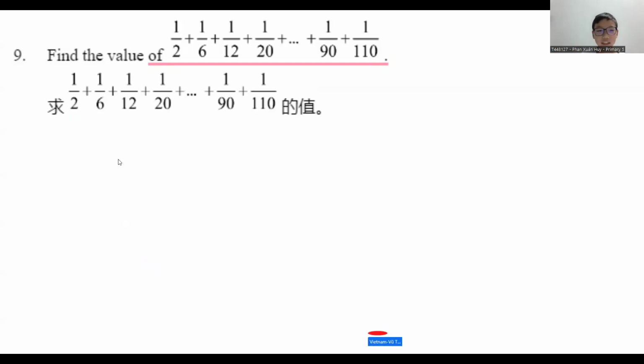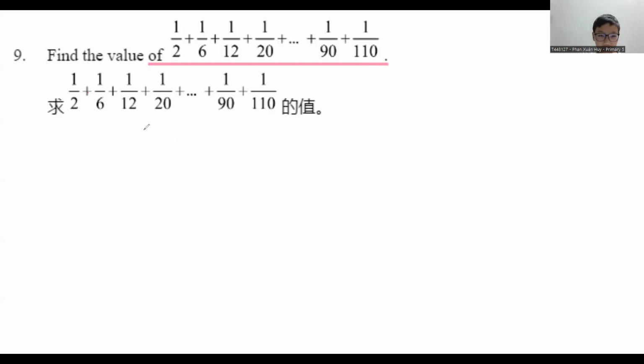I take 1/2 plus 1/6 plus 1/12 plus 1/20 plus 1/90 plus 1/110. So I take this times 2 equal 1 plus 1/2 plus 1/12 plus 1/20 plus 1/90.